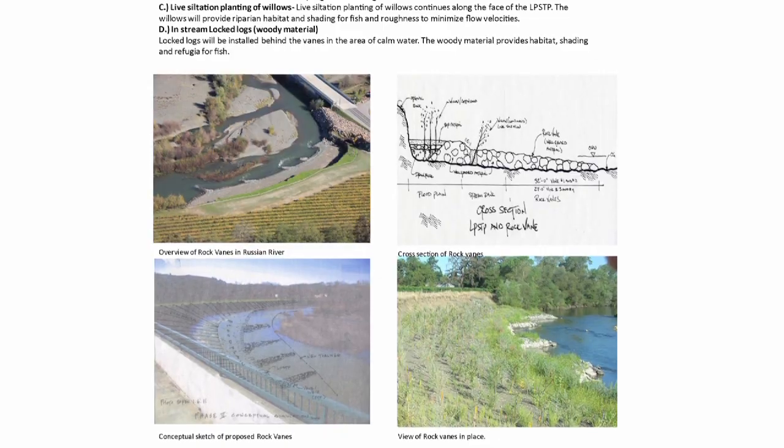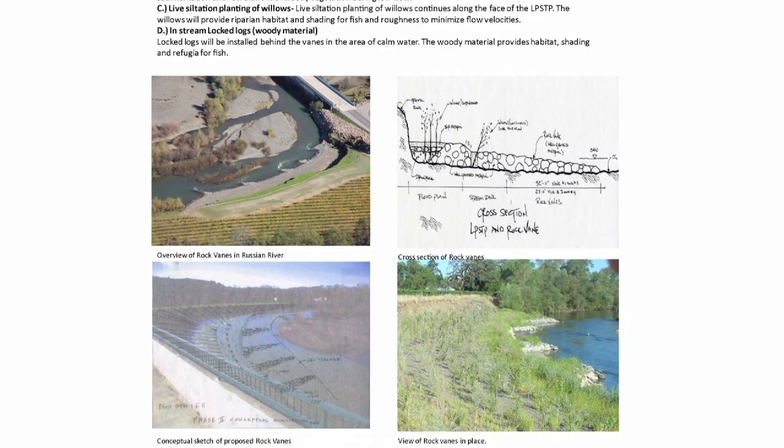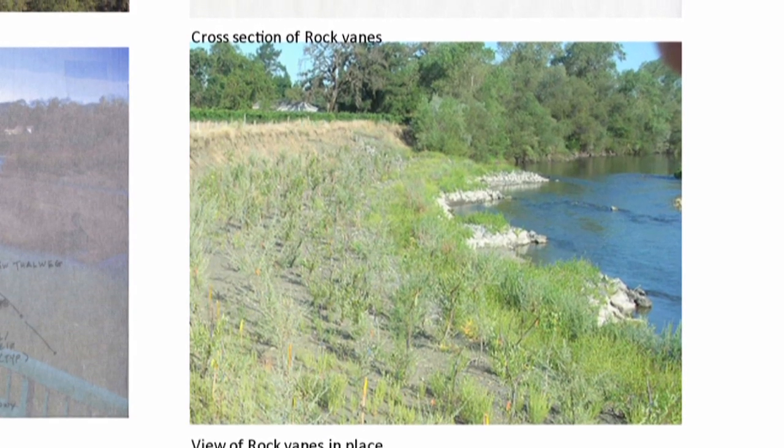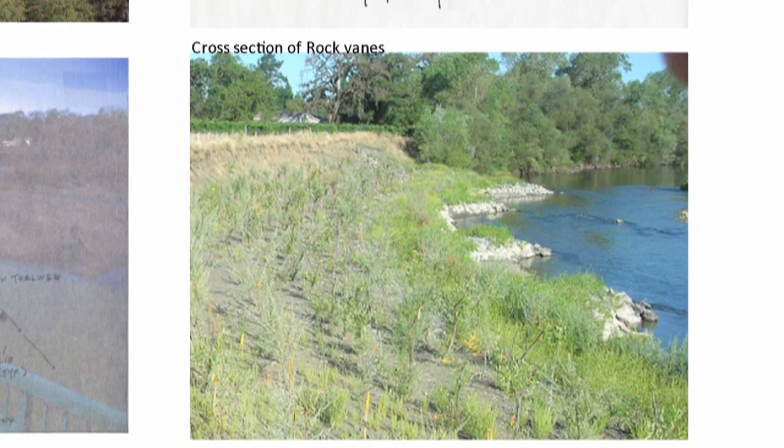Thus, we came up with a biotechnical design which incorporated general engineering concepts, but also concepts utilizing rock to deflect flows rather than to abate scour, and also to incorporate plant materials like willows and logs to provide the habitat.